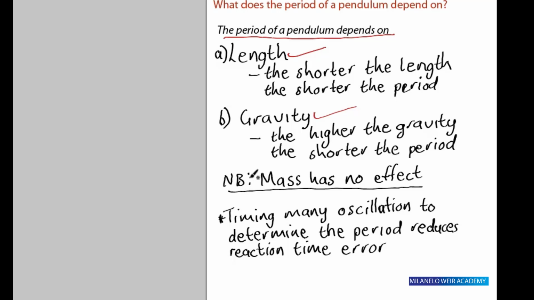And note, mass has no effect at all. And another thing, timing many oscillations to determine the period minimizes the reaction time error, right? So that's it about the simple pendulum.